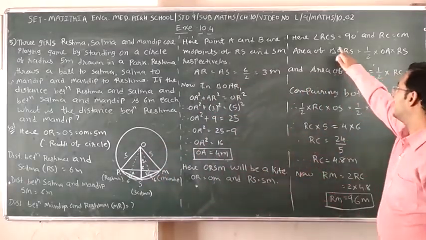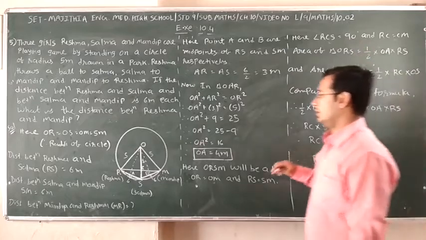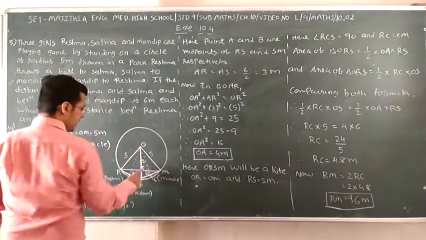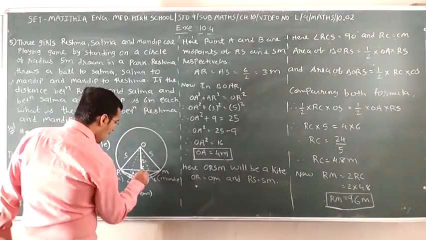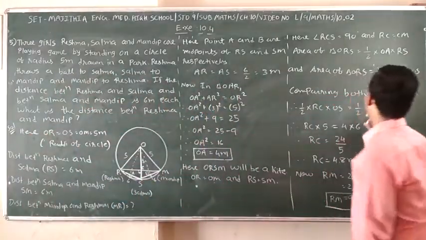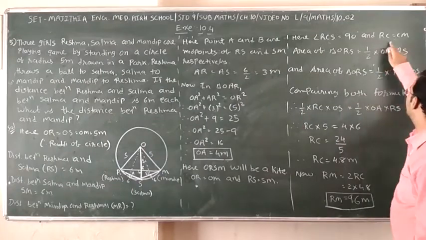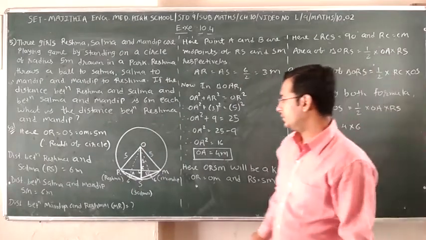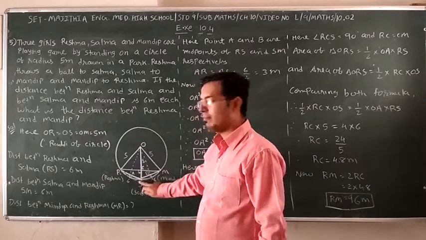So now here angle RCS is a right angle, 90 degrees, and RC is equal to CM because it is a bisect.